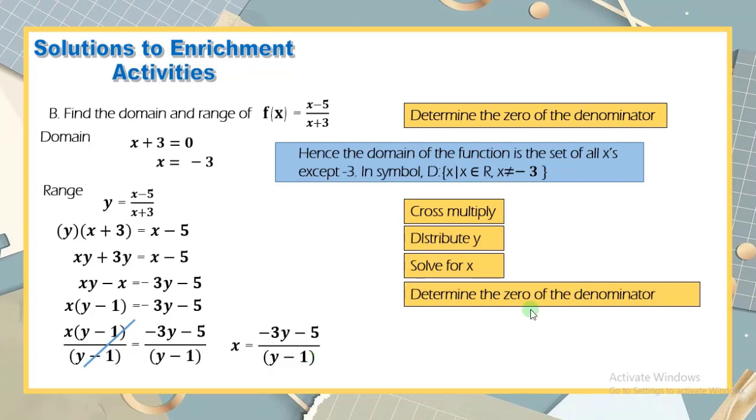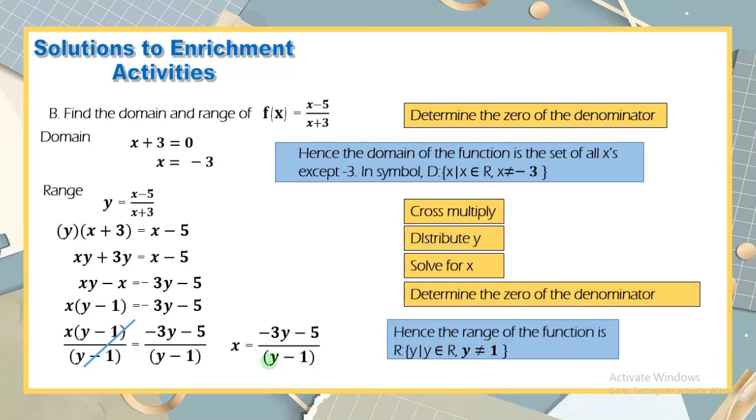What value of y will make y minus 1 equal 0? That is 1, since 1 minus 1 is 0. So hence, the range of the function is y such that y is an element of real numbers and y is not equal to positive 1.